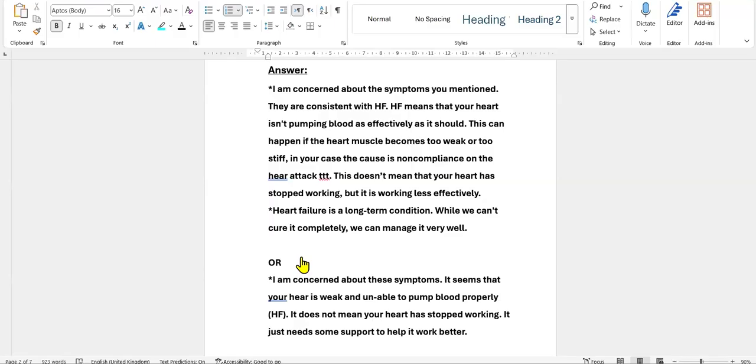Then the second way, well, okay, so there are many causes of having this problem, Mr. X. One of the causes, or the main causes in your case, that you are not compliant on your medications, unfortunately. Can you see? It's the same word, but in a different way.